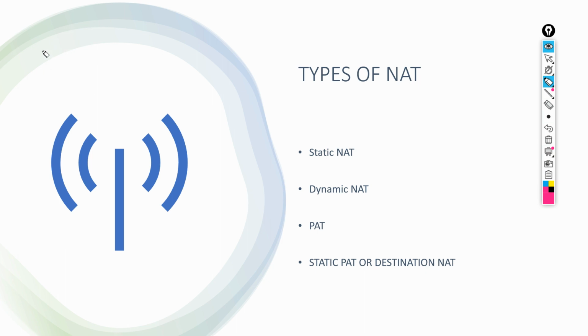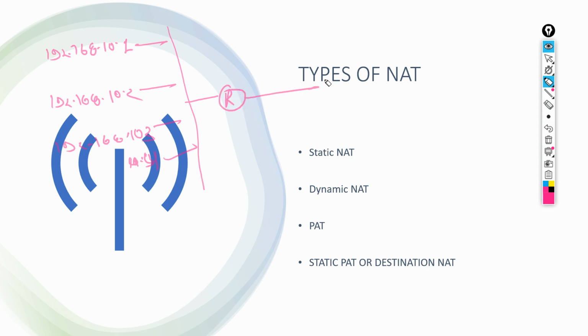Let's suppose we have users with IP addresses 192.168.10.1, 192.168.10.2, 192.168.10.3, and 10.4. All these users are connected with the switch, switch to the router, router to the firewall, router to the internet, and internet to the public server.